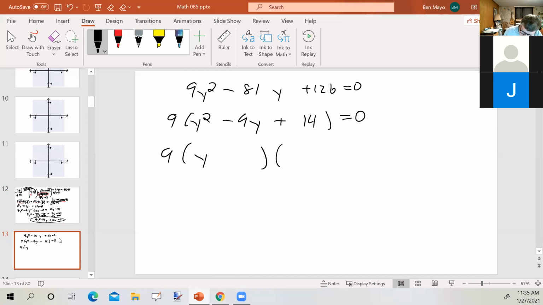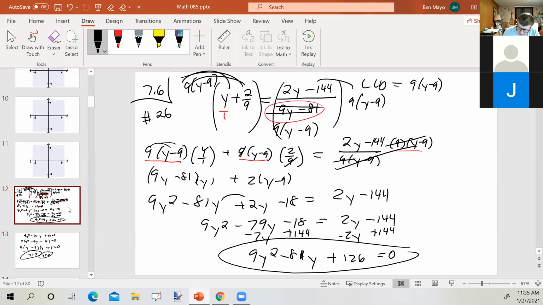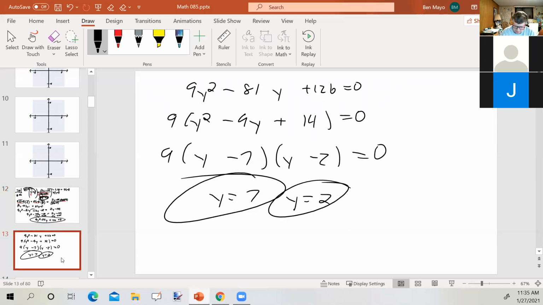Boy, I was getting worried there that it was going to take a while to do this. So we're going to get 2 solutions. And if we go back and plug them back in, we notice the only thing we have to worry about is that y can't equal 9. Other than that, it wouldn't make a 0 in the denominator. All right, we okay with that one? Any questions?